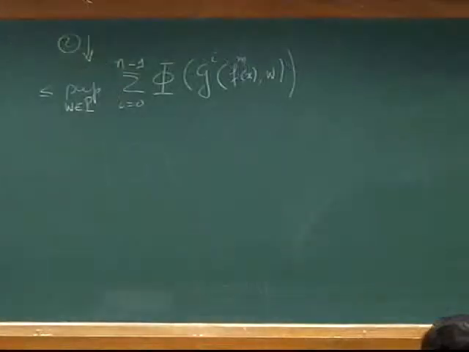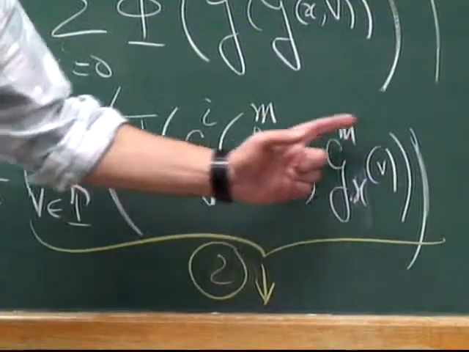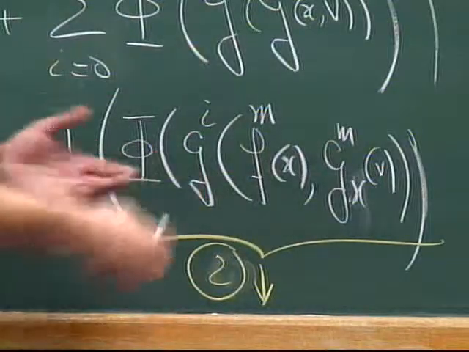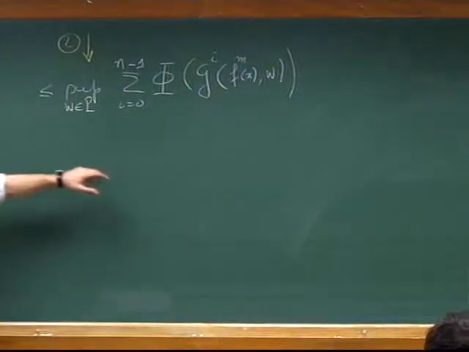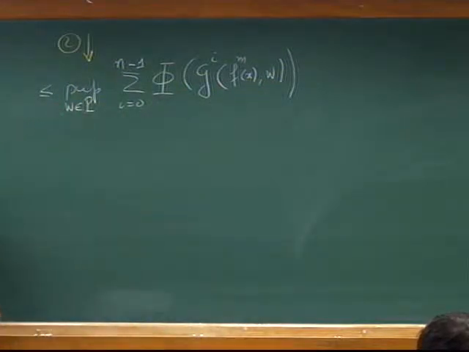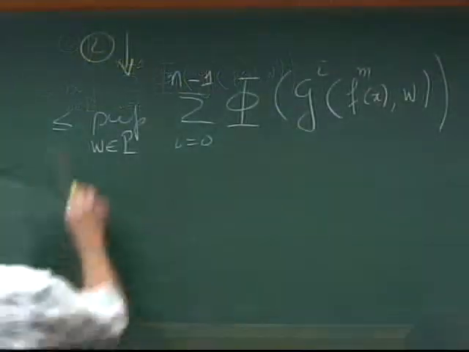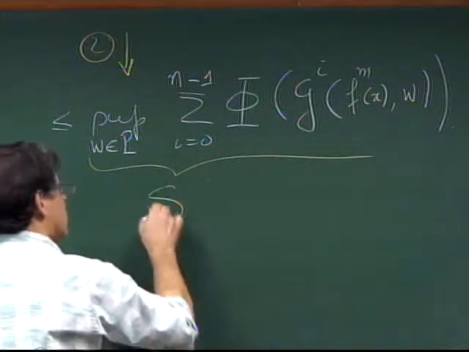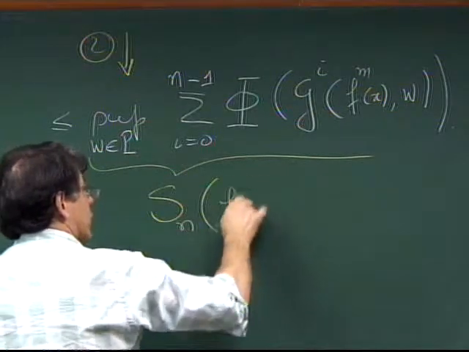You are taking the supremum over vectors here. When you change v, this also changes. But of course, if you take all the possible values that you can write here, you get a number that is at least as big. And then this now is S_n of f^m of x.